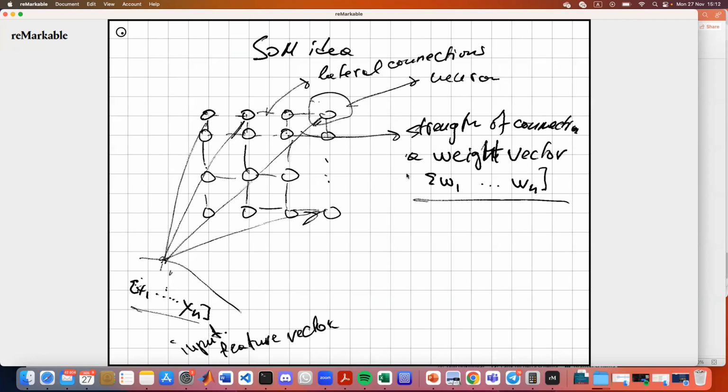So this is the high level idea. Then each neuron will compete with other neurons in this whole topology to attract certain types of patterns.